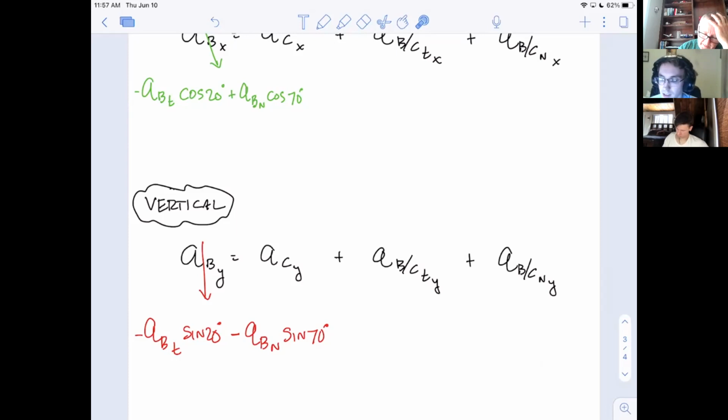So does it make sense that I can now replace this and this, which just got rid of one of my unknowns. So now I have two equations, three unknowns. And then I can take this one over here and place it right here and right there. So now I actually have two equations, two unknowns.